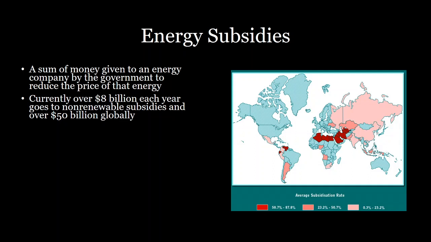And this is to try to boost their own industry and make it more viable on the global market. So there's a lot of energy subsidies going around, and it's definitely not one country's problem.